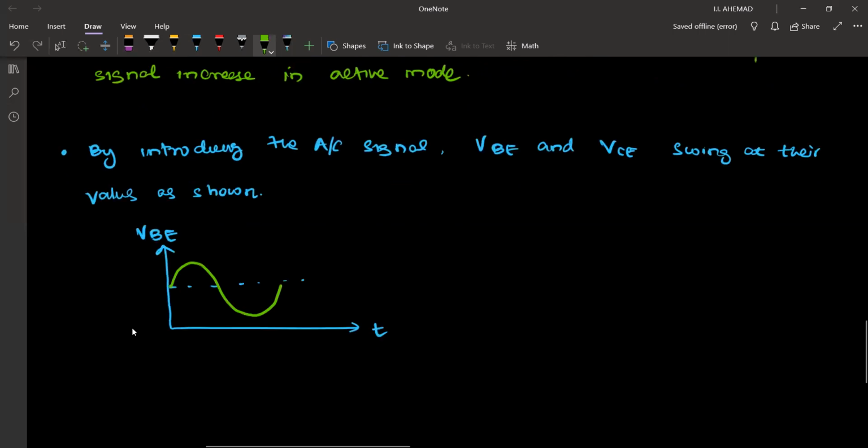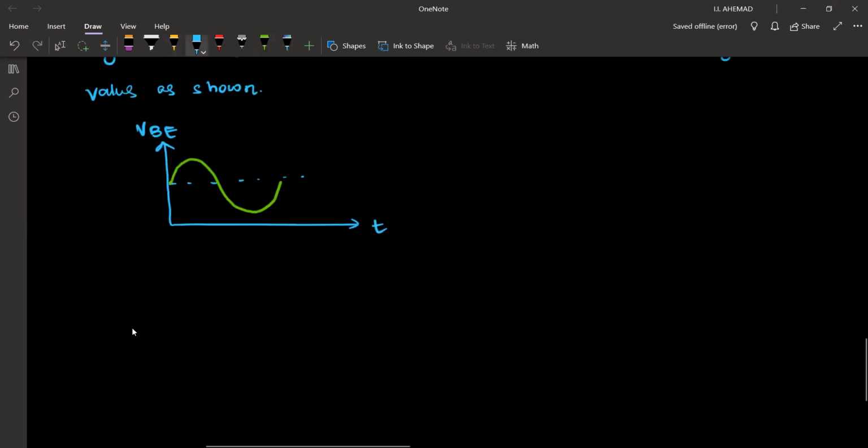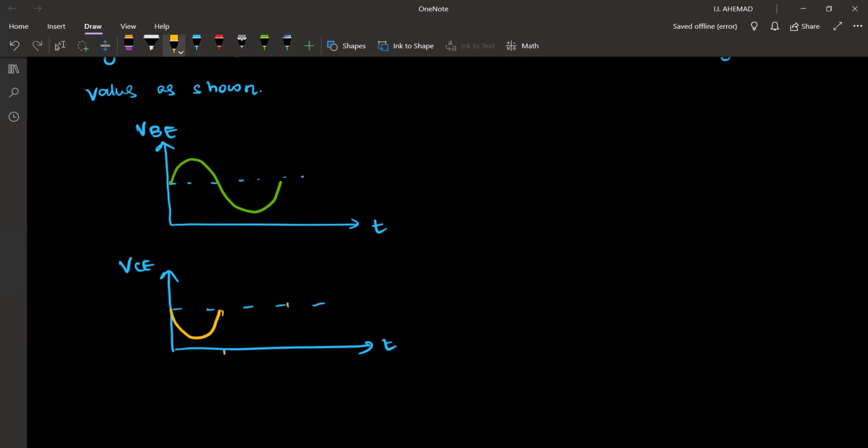Then our VCE versus time is going to be as follows. When VBE increase, VCE decrease. When VBE decrease, VCE increase.